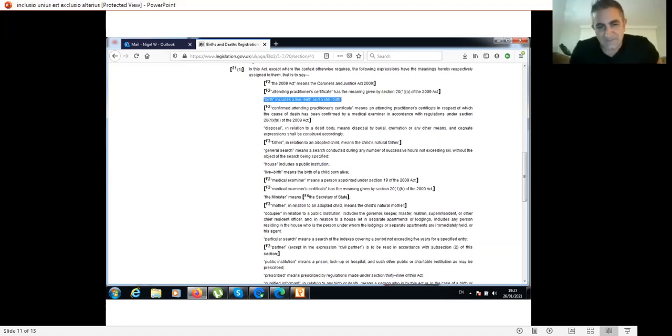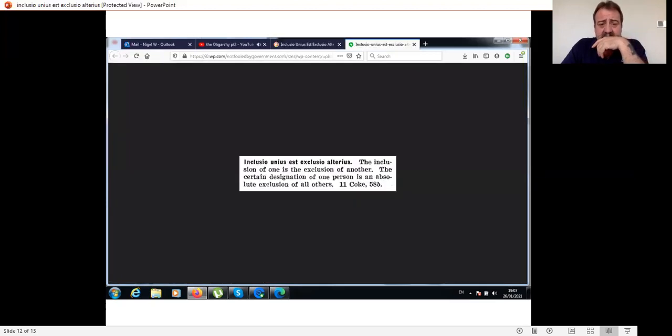Yeah, exactly. And then I think on the next slide there's a repeat of that Black's Law Dictionary. Look, the inclusion of one is the exclusion of another. The certain designation of one person is an absolute exclusion of all others. So if you're going to designate a stillbirth, you exclude a live birth.